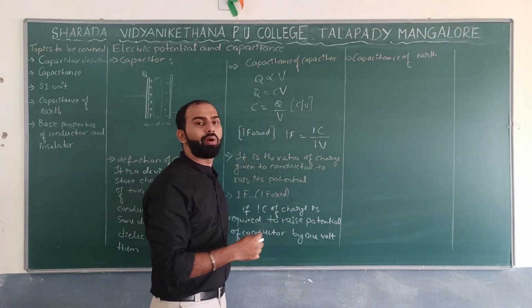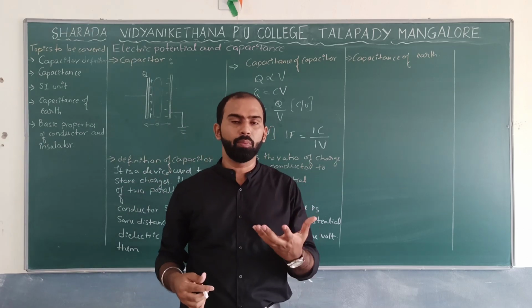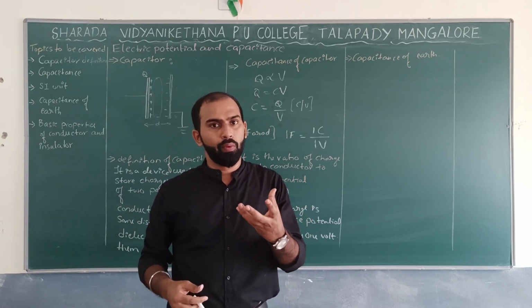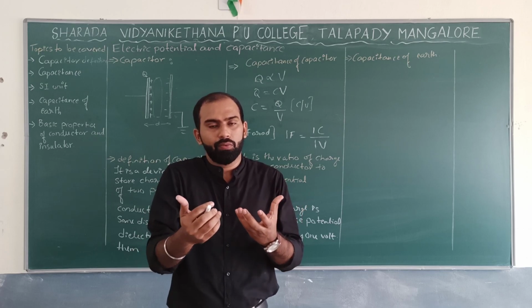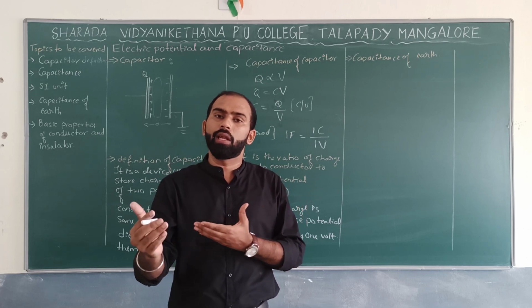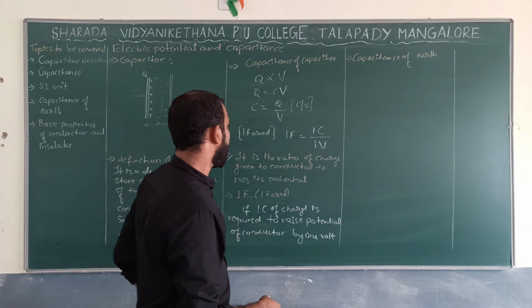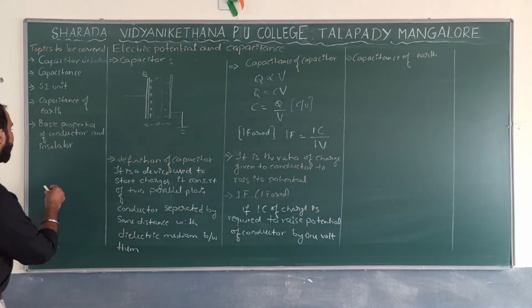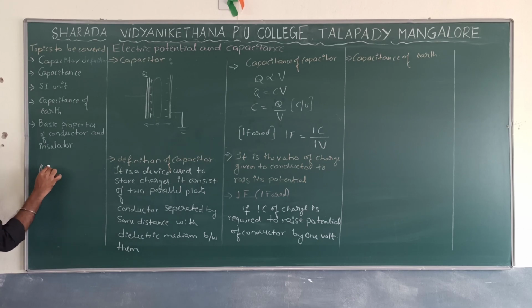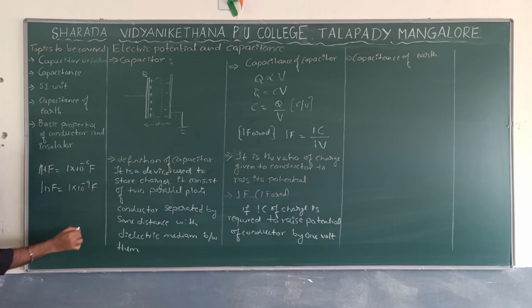And don't think this 1 farad is a very small unit. Normally we can expect values of capacitance in terms of microfarad. What is micro? 1 microfarad is equal to 1 into 10 to the power minus 6 farad. 1 nanofarad is equal to what? 1 into 10 to the power minus 9 farad.